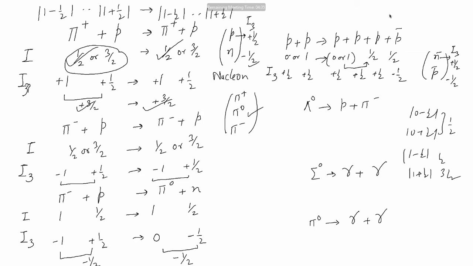Therefore, here the possibilities, when I am combining these three, are either half or 3 by 2. Now I have got a fourth one. What is that fourth one?